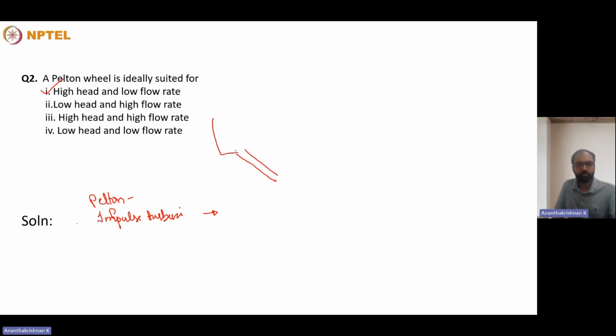If I draw a schematic, so this is the head, and this is the penstock pipe, and it comes out through a nozzle, and the jet comes out and impinges on the blades.